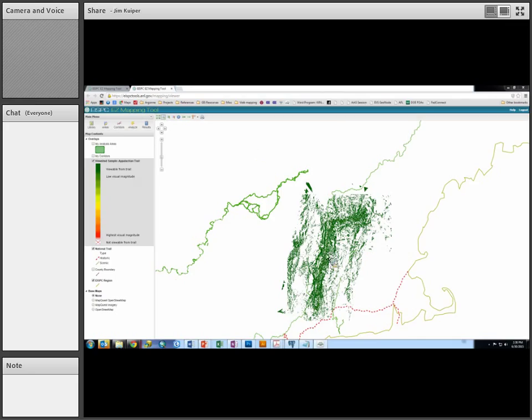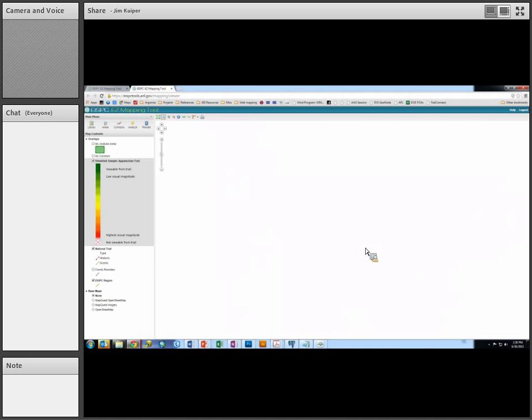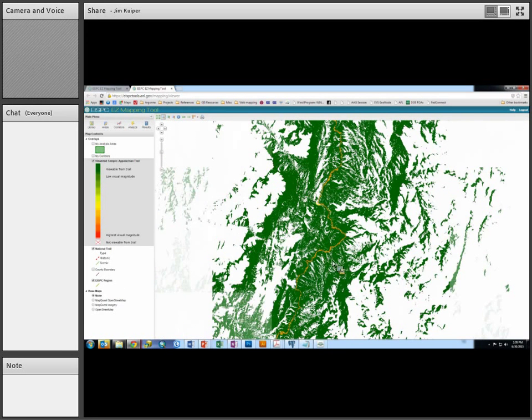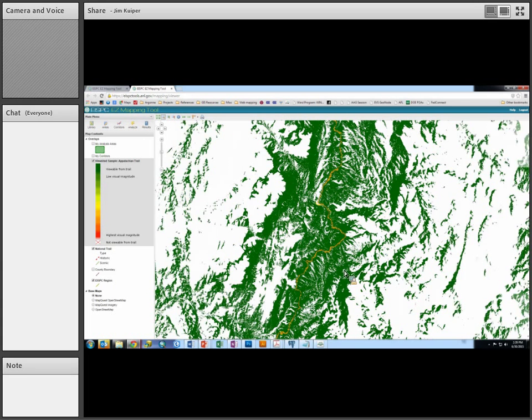And the green area represents areas that can be seen from the National Trail. The data used was 10-meter resolution, and it was computed every 10 meters along the National Trail. So you can see this brighter color in here. That's a measure of visual magnitude.